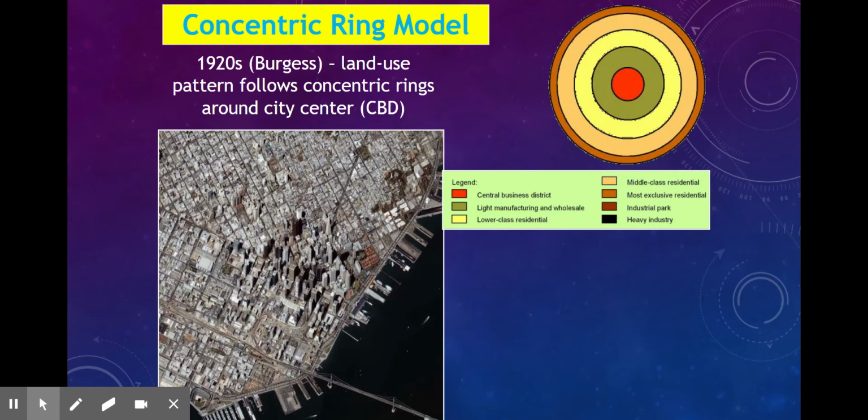As we talked about with the bid rent model, this is because we had a lot of tenement housing, a lot of apartments, and lower economic classes were probably working in the city center or in the manufacturing near the city and needed to be close to where they worked because of the lack of transportation technology. They didn't have cars, probably didn't have easy ways to get in, so they had to live near where they worked. And hence we see lower economic classes living closer to the city center.